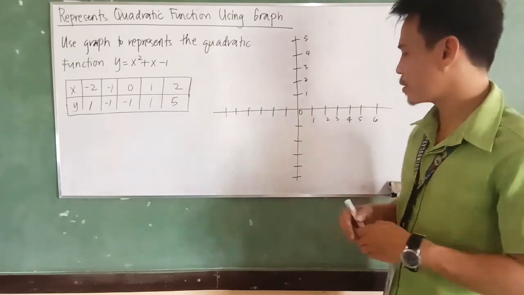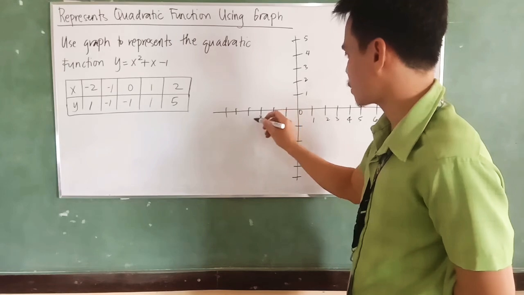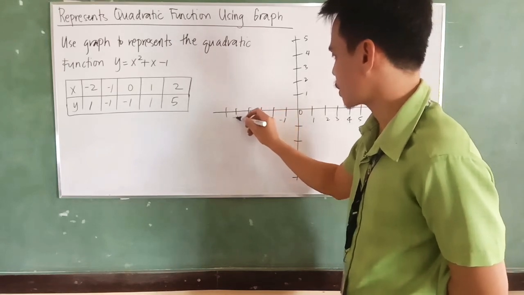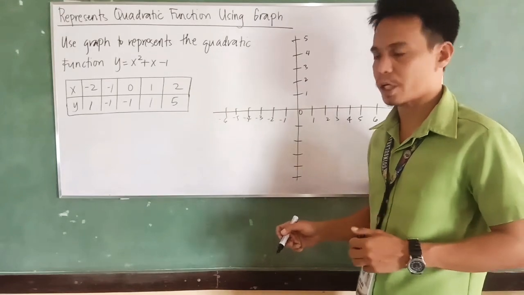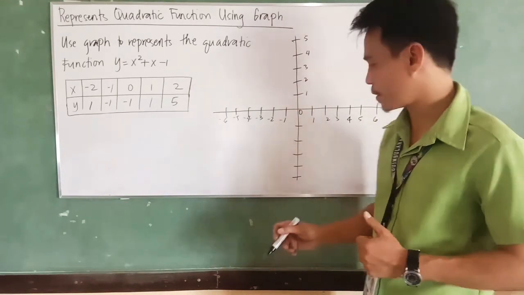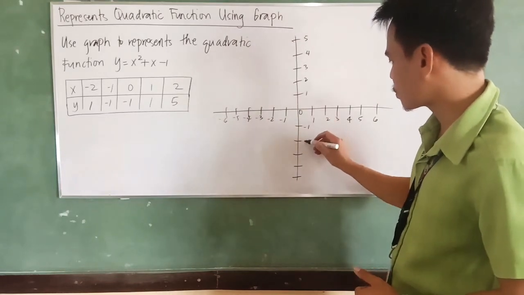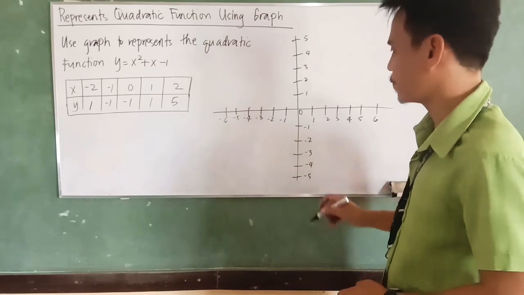For the leftward, so this is negative 1, negative 2, negative 3, negative 4, negative 5, negative 6. I hope na marunong kayo mag-construct ng Cartesian plane, okay? Para ma-graph natin ng maayos yung quadratic function natin. So yung pababa niya is also negative. So this is negative 4, negative 5.